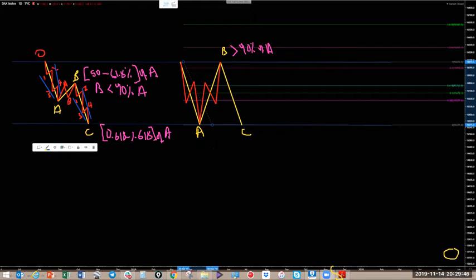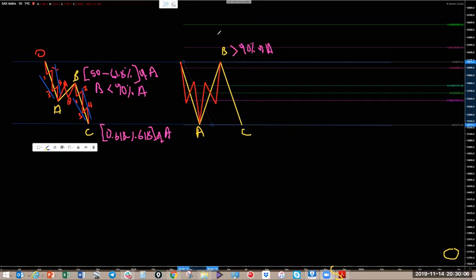Now, let's look at the next one, wave C. Wave C always subdivides into 5 wave structures, a diagonal or an impulsive wave, same as here. Wave C in all patterns, whether it is a zigzag or the 3 flat corrections, will always be 5 waves.